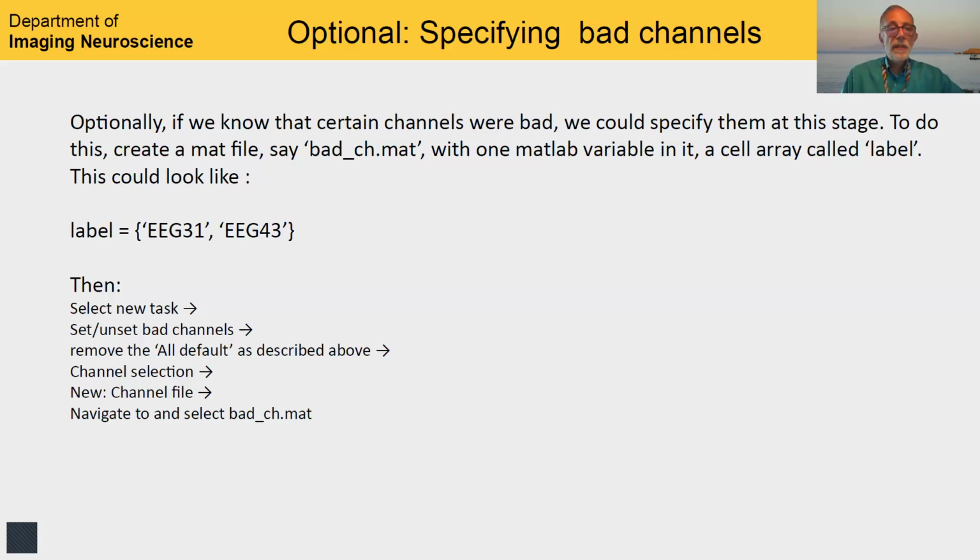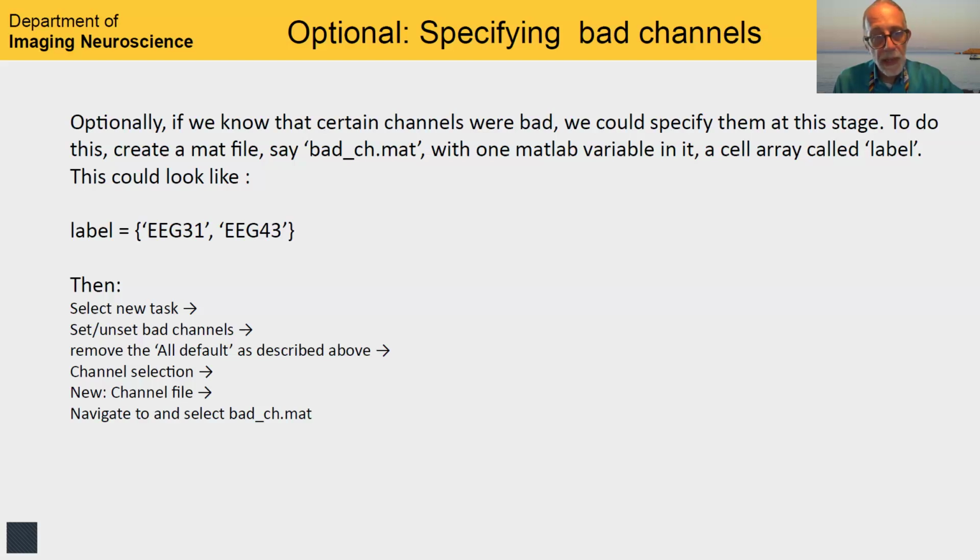Then we would select new task, and we would now select set or unset bad channels. We would remove the all as described above, and this is particularly important, and it's rather interesting that they have this default to mark all channels as bad.